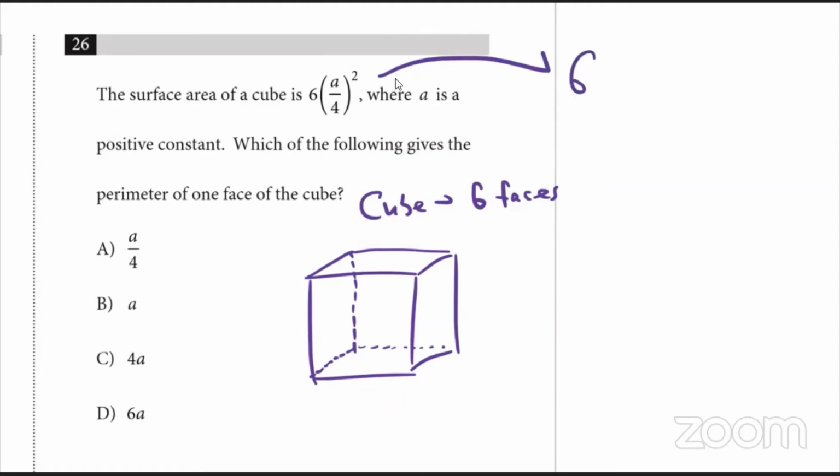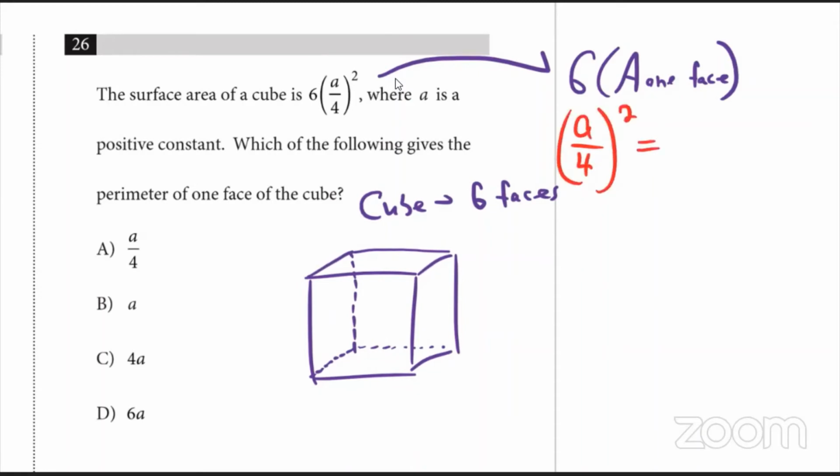So we have it as 6 times the area of one face. That would be kind of logical, just considering the fact that this is a cube and it's got 6 faces, and they're giving us a formula with 6 times some expression. So according to what we're saying here, a over 4 squared is the area of one face.